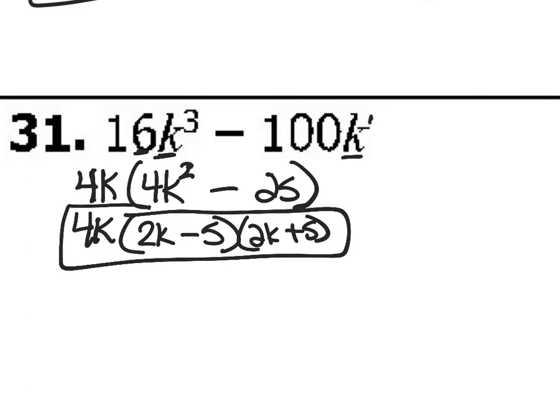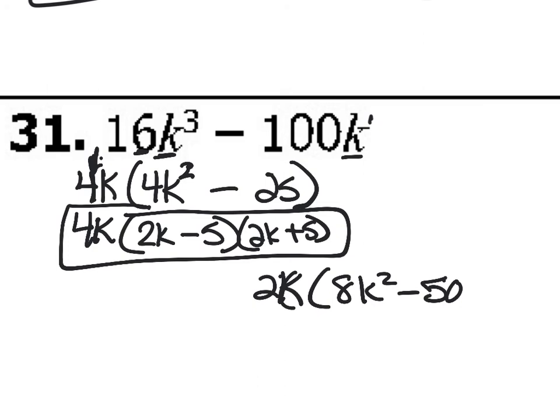Now let me show you something. What if we didn't see that 4 was a factor? We just did 2. So what if I did 2 times, let's do 2k. 2k times 8k squared minus 50.